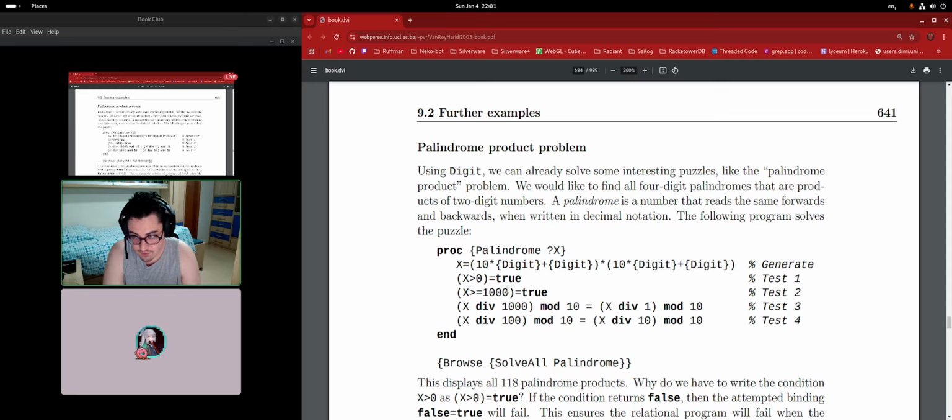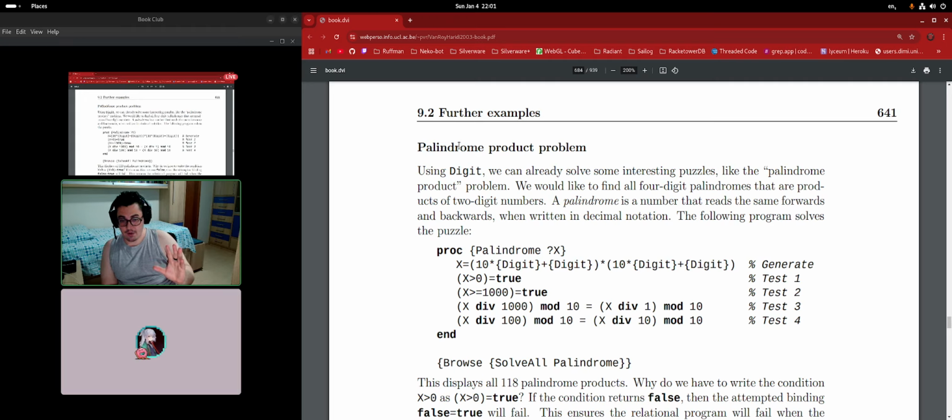So if you think of a palindrome, these equals here, these asserts, they all must be true if we actually encounter a positive case of palindrome.